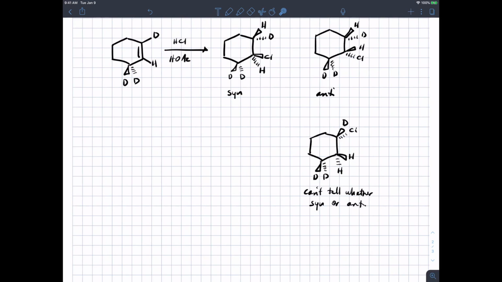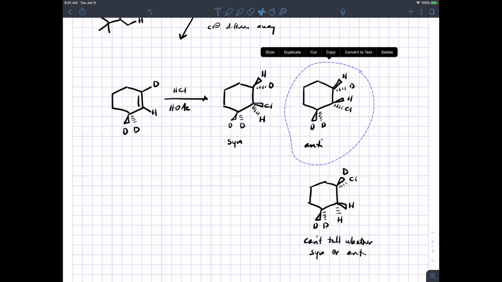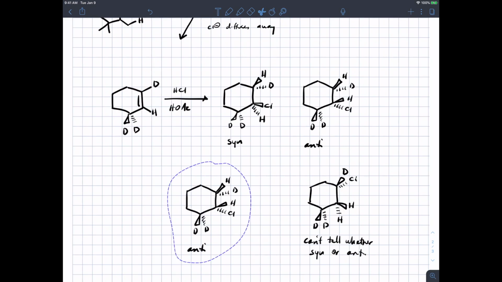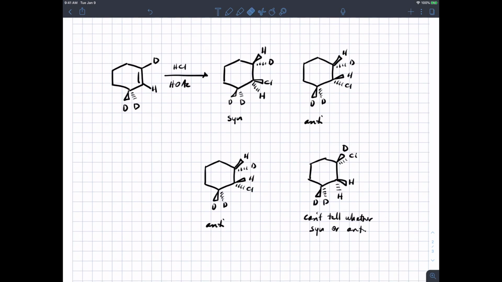But then there's also sort of the copy of this anti-addition product that is from acetate competition with chloride for the carbocationic intermediate.